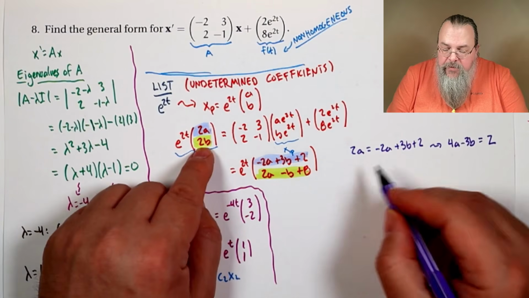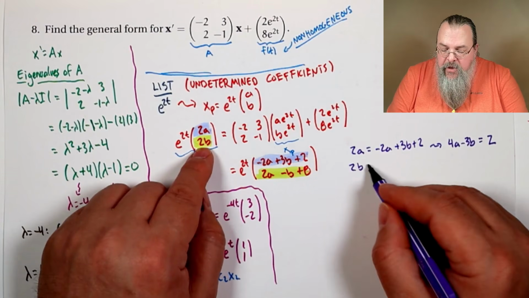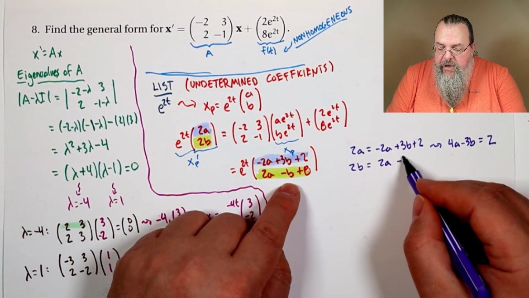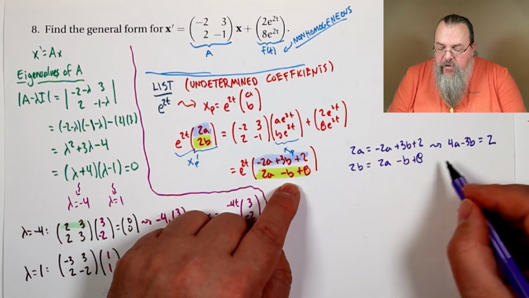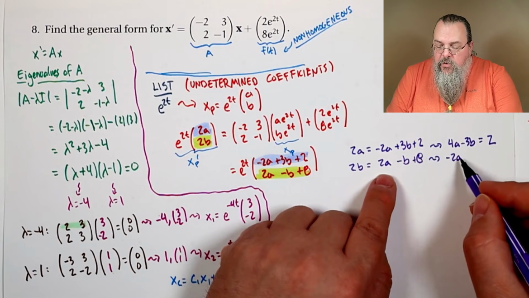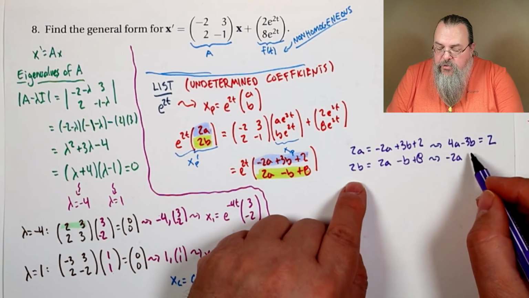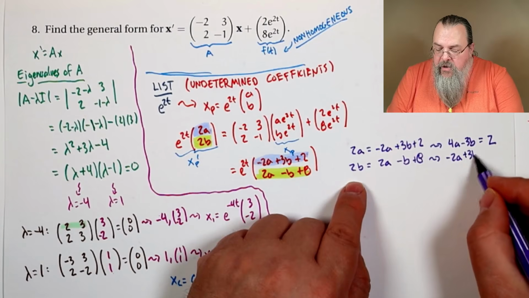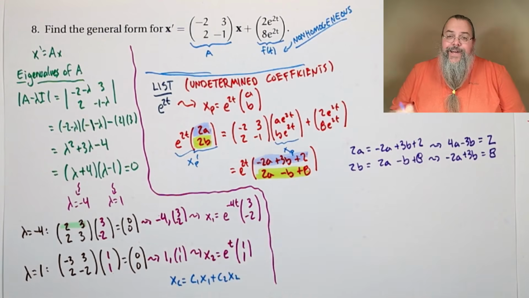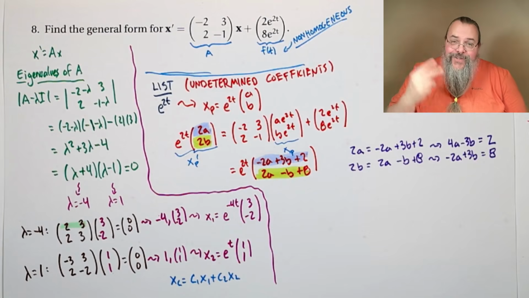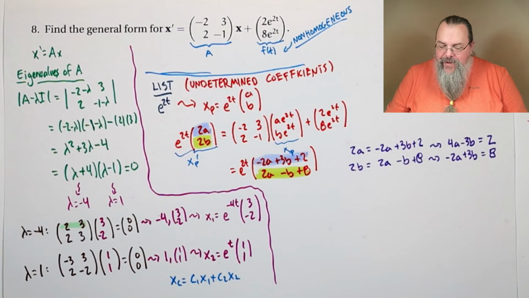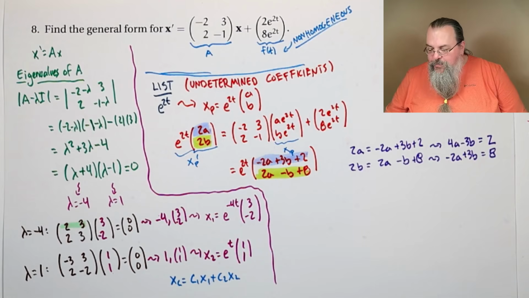We also have 2b is 2a minus b plus 8. Well, that becomes -2a plus 3b equals 8. All right, two equations, two unknowns. Bread and butter. We got this. Like we were built for this.